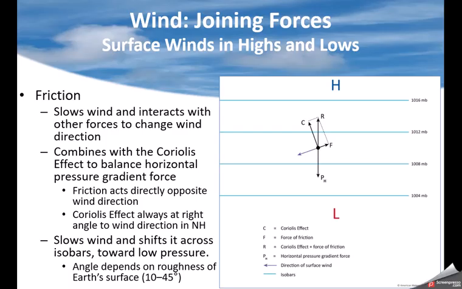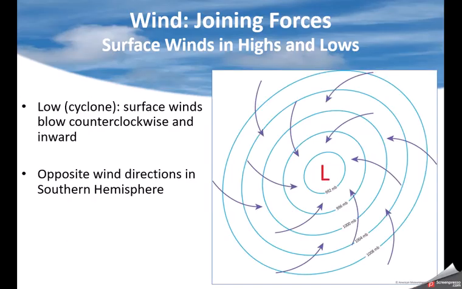There's no friction. However, down towards the ground, there is friction. We've reduced the wind speed, and what happens? They become unbalanced. That is why winds blow in towards lows and away from high pressure, because of that imbalance.